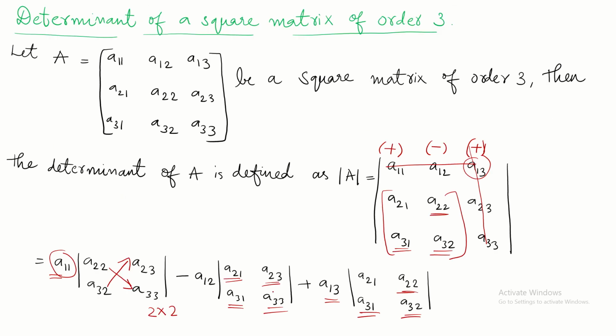After that again you have to do it same as 2x2 determinant. A21 into A33 minus A31 into A23. ഇതൊക്കെ ബൈ ഹാർട്ട് ചെയ്താലൊന്നും കിട്ടുന്നതല്ല. It should be practiced properly. Okay.